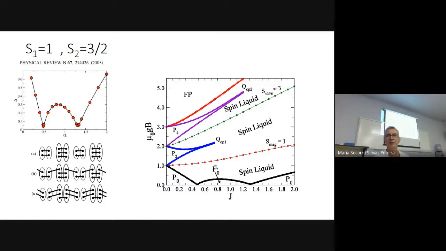Here's a plot of the phase diagram for this model. For low values of the magnetic field, we have just these 3 zero magnetization plateau phases, and a spin liquid phase. As the magnetic field increases, we find 2 plateau phases, one of magnetization 2, another of magnetization 4, before the final polarized state.